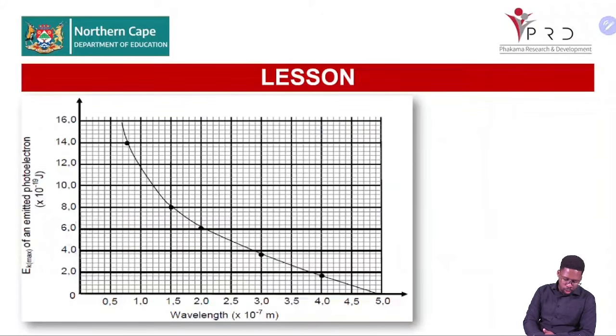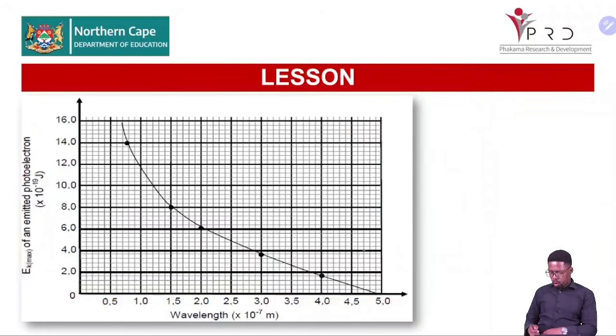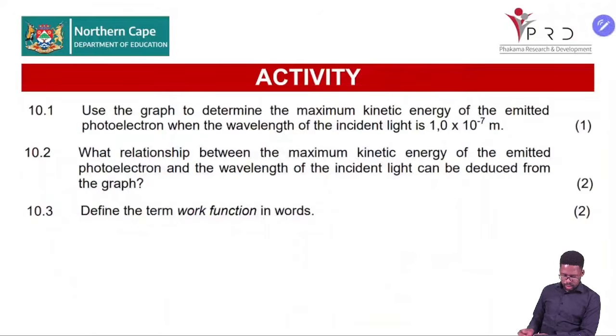Whatever value that you see here, it's 6,0 times 10 to the power negative 19 joules. Whatever value that you see on our x-axis, you can see here is 3,8, but you must say 4,0 times 10 to the power negative 7 meters. So it is important to interpret the graph very well and understand what is given on your y-axis and what is given on your x-axis.